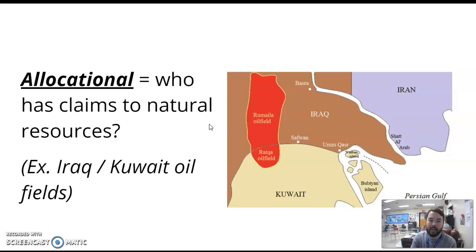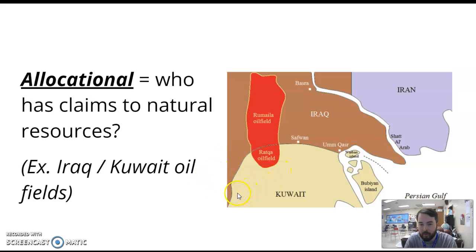Next up is allocational. Okay, who has claims to natural resources? All right. So when you have natural resources, obviously different political entities, countries want access to as much as they can to help people in their country. But sometimes these invisible borders on a political map can overlap where natural resources are. So an example would be Iraq and Kuwait.